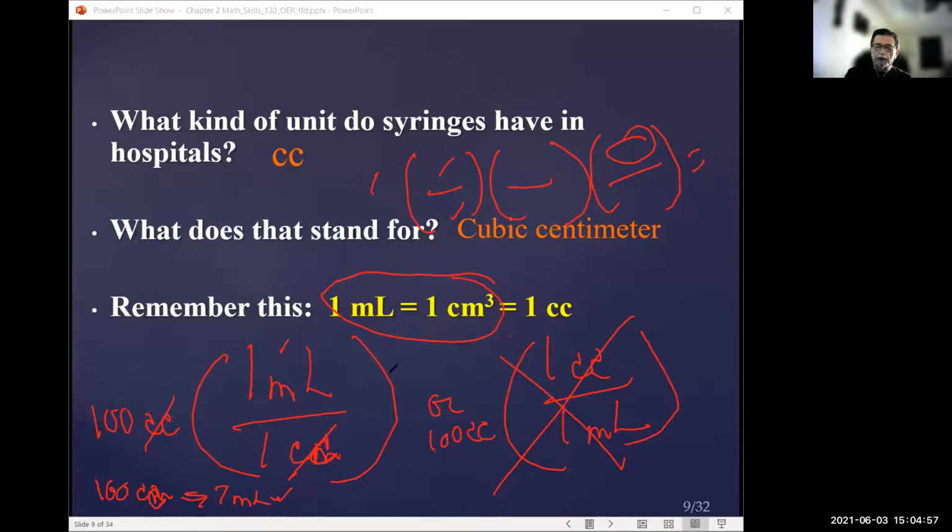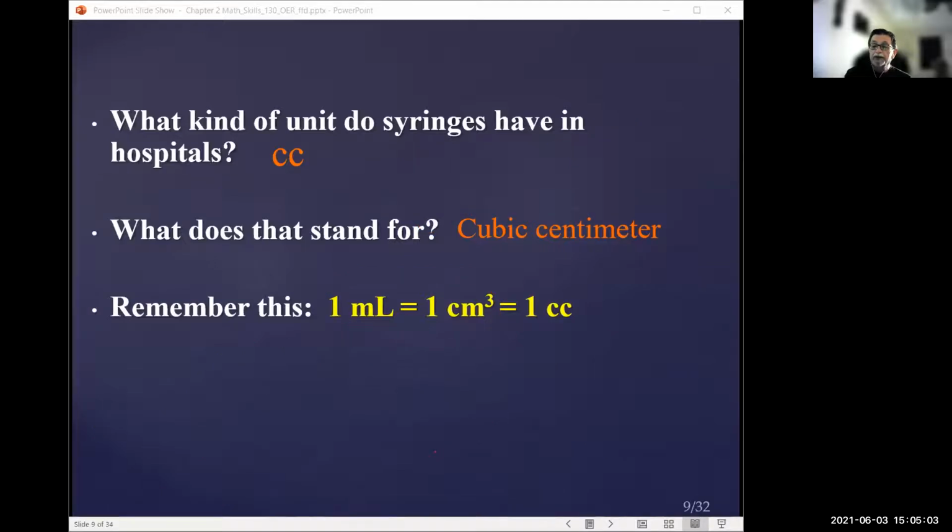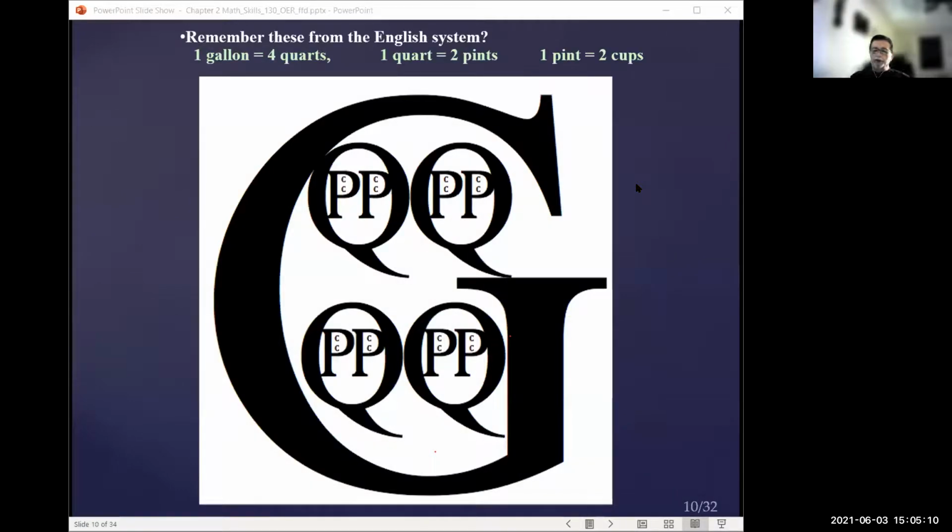Okay. Now, let me clear this up. I will give you an extreme example of this to demonstrate this conversion factor. Anyway, I got this image here to help you out for the English units. I always had trouble with that. If you notice this crazy looking image here, you got the big G there, okay? Now, within the big G, you have 4 Q's, which represent 4 quarts.